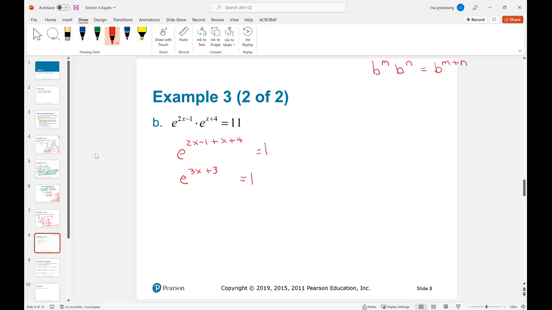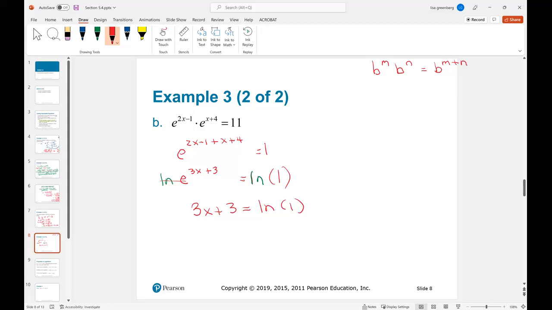But now what am I going to do? Now I want to take the natural log of both sides, because either I can use the cancellation property or I can use the power rule, and I get 3x plus 3 equals the natural log of 11.